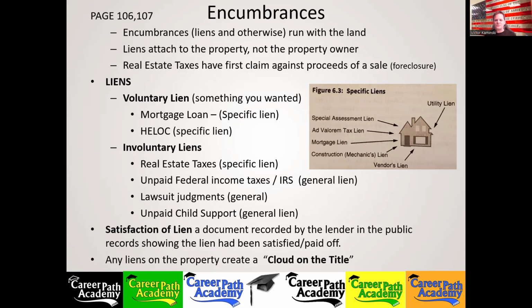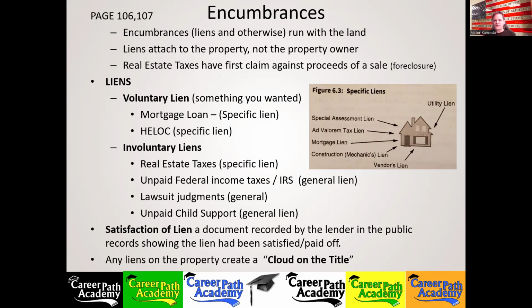You don't want to buy a house that has clouds hovering over it, unless the juice is worth the squeeze. It's worth it for you in some way. How could that be worth it? Well, the juice is worth the squeeze. There are a lot of reasons why sometimes you may be willing to buy a house that has liens or encumbrances on it. Let's say we have a real estate worth $300,000.